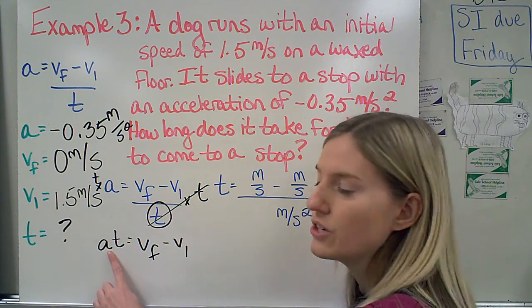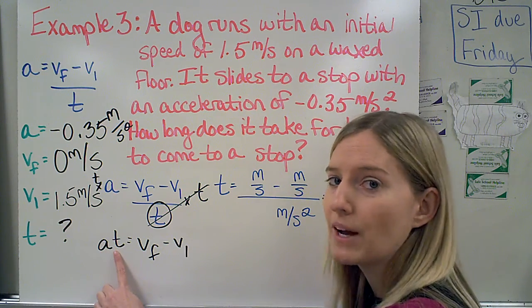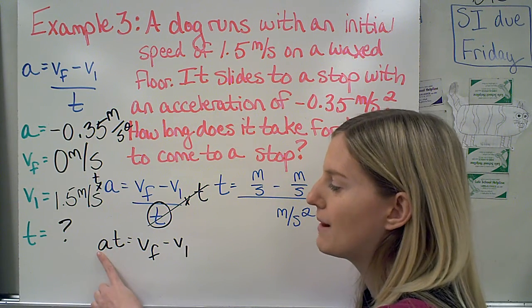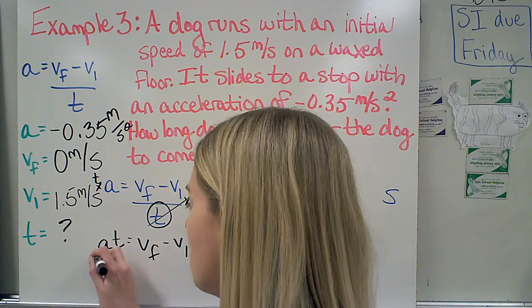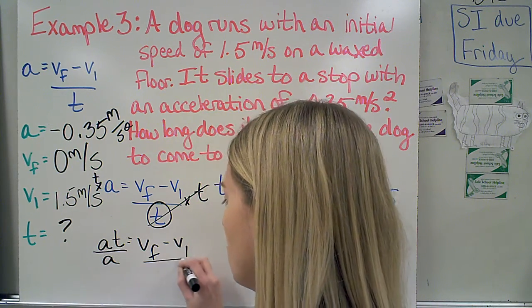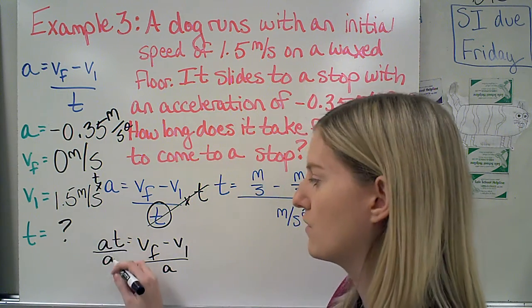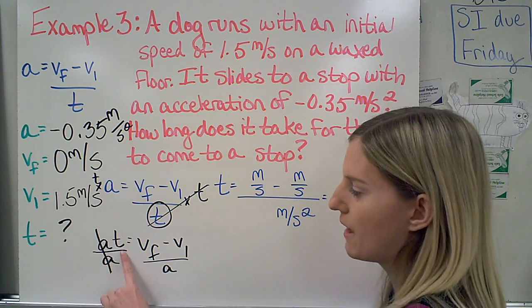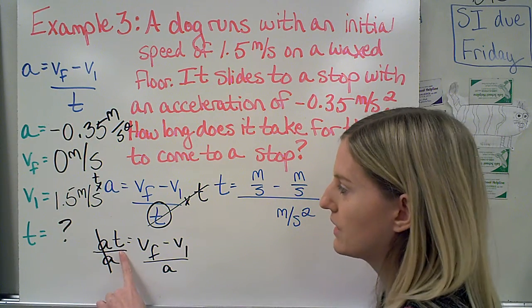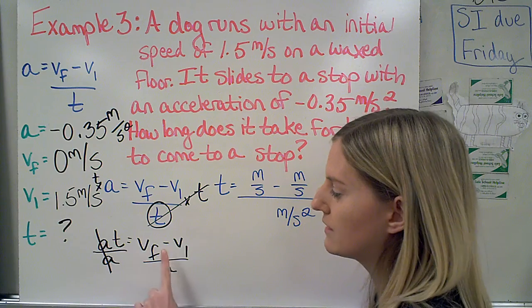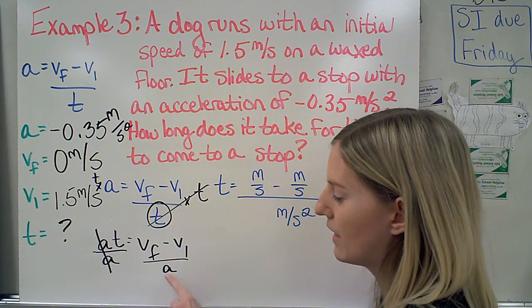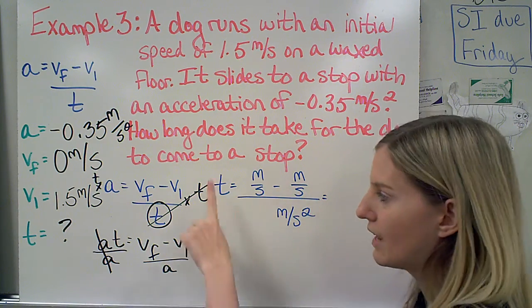Well, I don't want to know A times T, I just want T by itself. So T is being multiplied by A, so I divide by A on both sides, so that A over A is 1, and now I do have T by itself. So time is equal to final velocity minus initial velocity divided by acceleration, which I have set up over here.